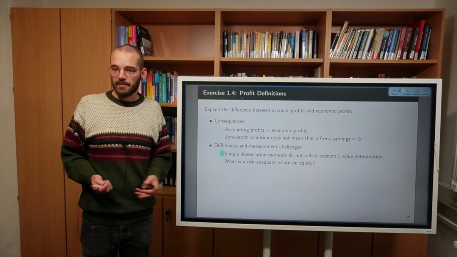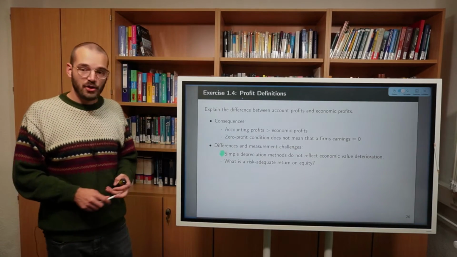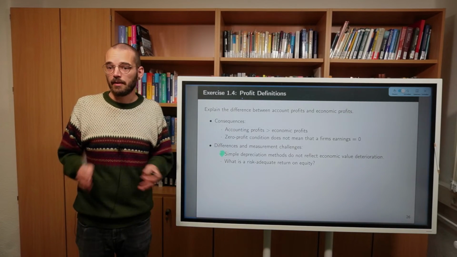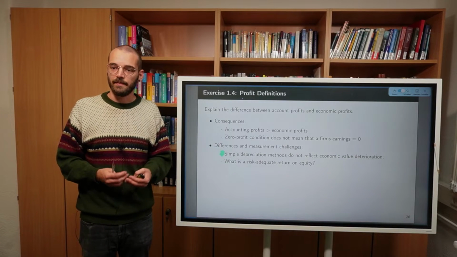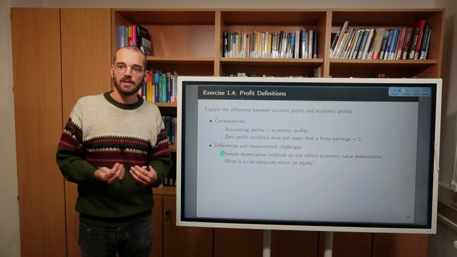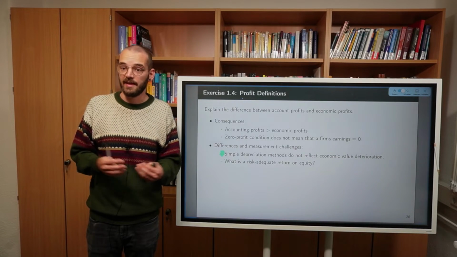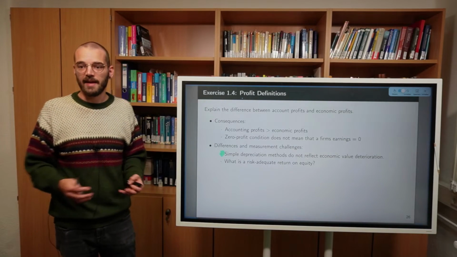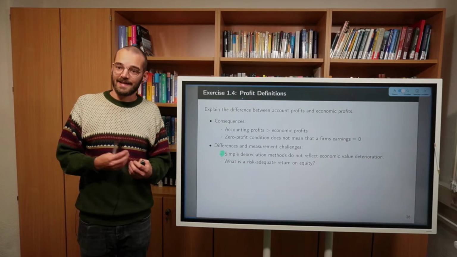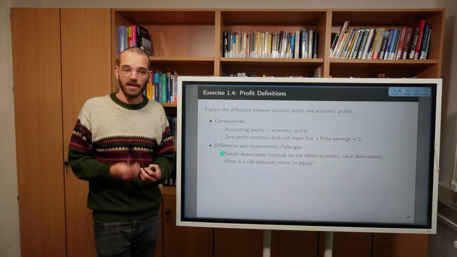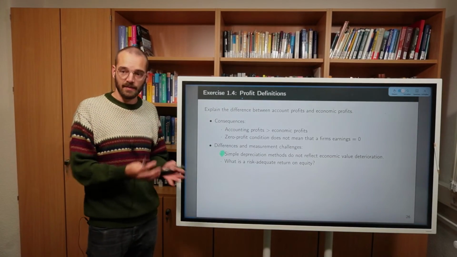Usually in accounting, depreciation is measured either linearly or exponentially. Both are, of course, idealized functions to resemble the value that is lost. But of course, in reality, neither of these functions will be exactly adequate and exactly cover the actual value deterioration of any kind of investment.